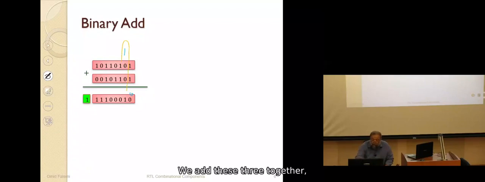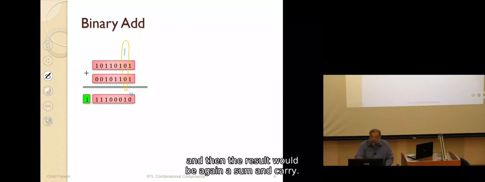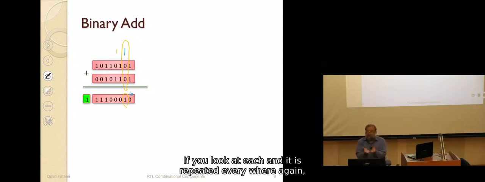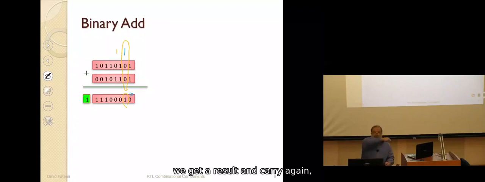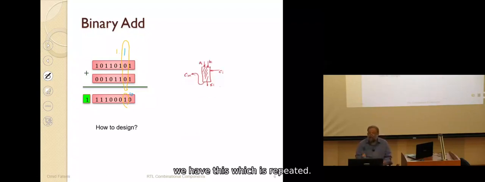So we add these three together, and then the result would be again a sum and a carry. So if you look at each slice, it is repeated everywhere. Again here, we have three values added together, we get a result and a carry. Again, three values added together, we get a result and a carry.